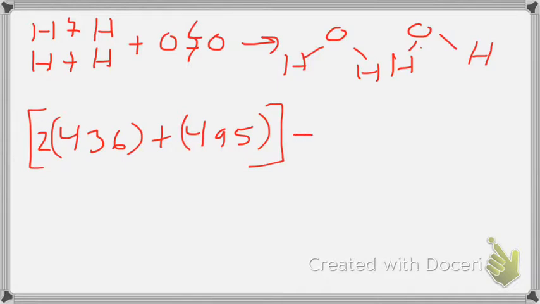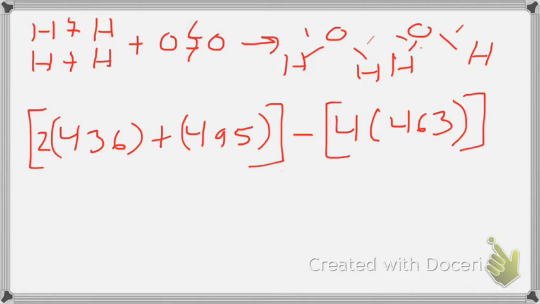Now we're going to subtract that from the bonds formed. Now we're going to form 4, let's count them, 1, 2, 3, 4 single OH bonds. And so we're going to multiply 4 bonds by 463. That's the amount of energy that will be released.